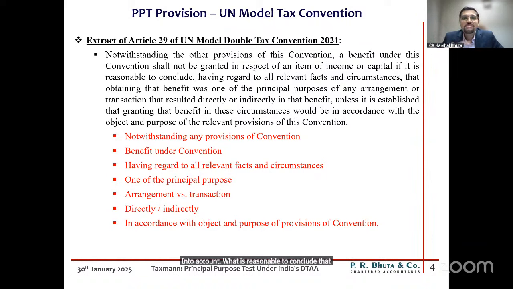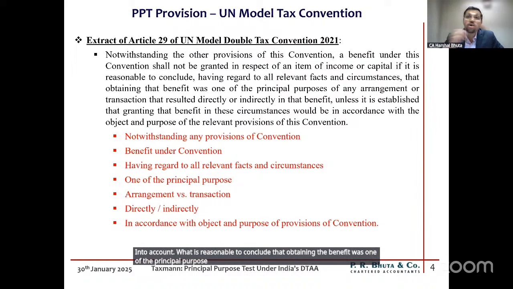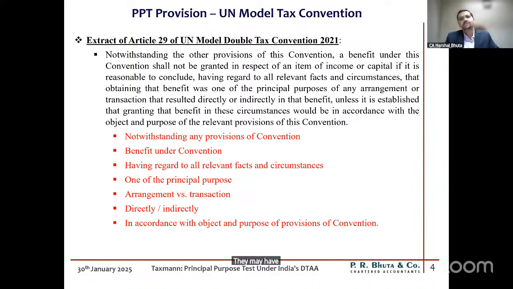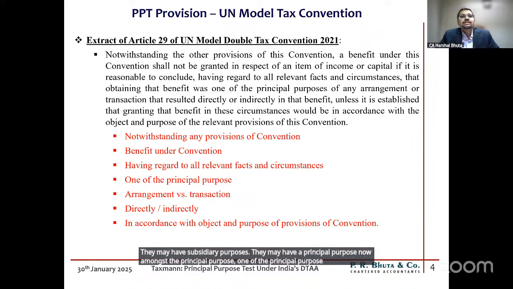That obtaining the benefit was one of the principal purposes. Not the only principal purpose, one of the principal purposes. A particular transaction or arrangement may have many principal purposes. They may have subsidiary purposes, they may have principal purposes. Now, amongst the principal purposes, if one of the principal purposes is obtaining the benefit of this particular provision of the DTA, then in that case, PPT can apply.